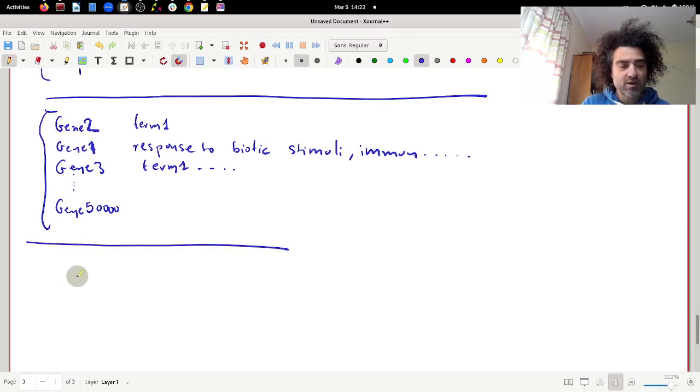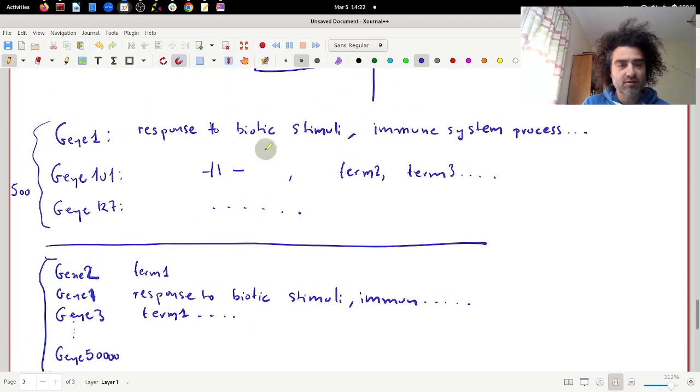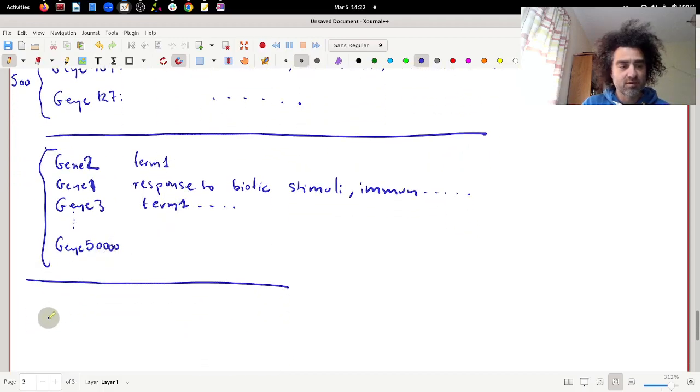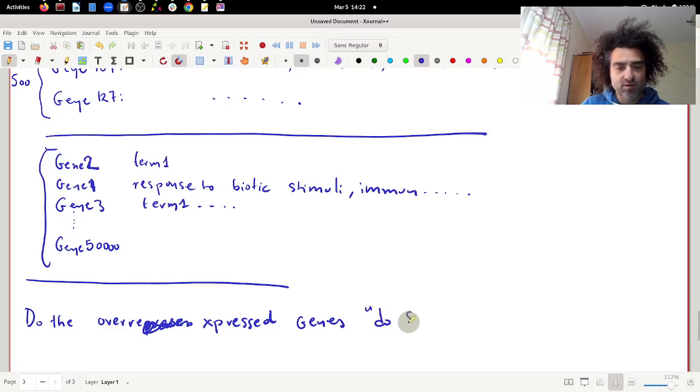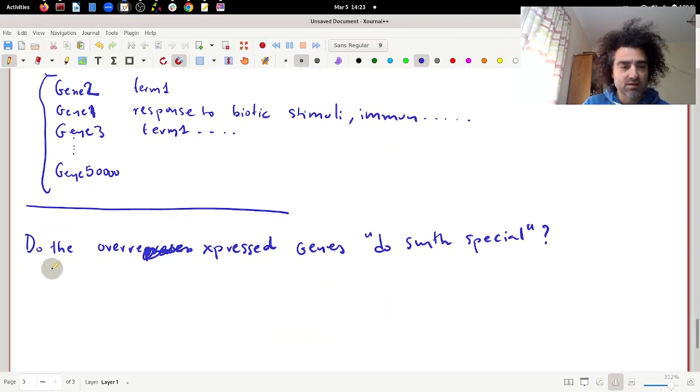Our biological question is, let's find if these overexpressed genes do something special, or in other words, what are they doing?